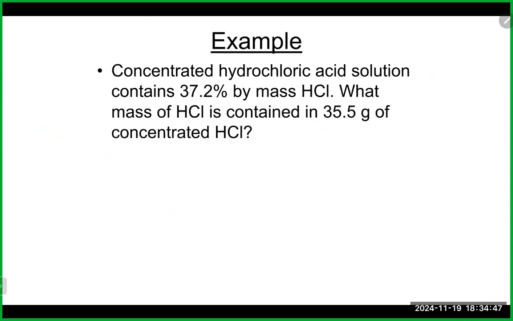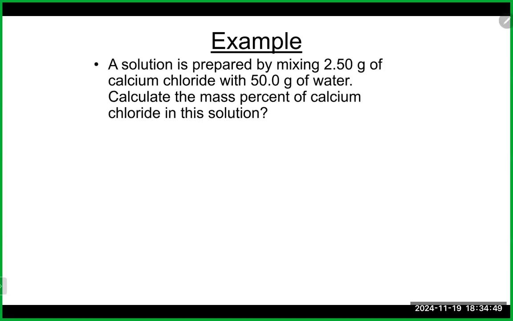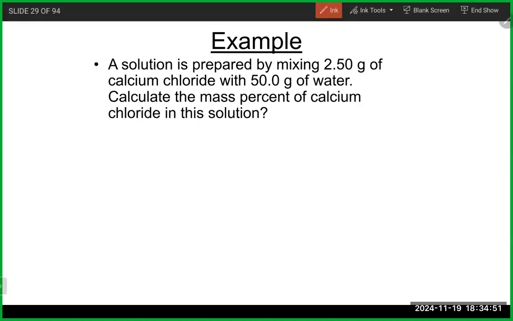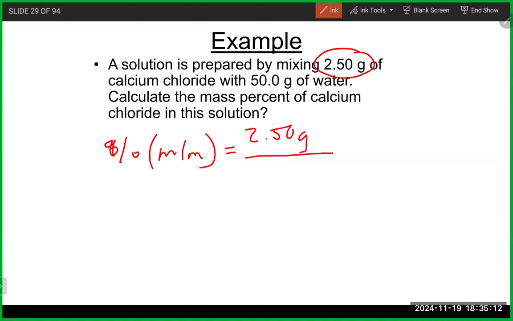All right, so we did some of these. Just a quick reminder here. We'll go through this one pretty quickly. Our percent mass to mass here: we want the mass of our solute, which is our smaller part, so that is our 2.5 grams divided by the mass of our solution.